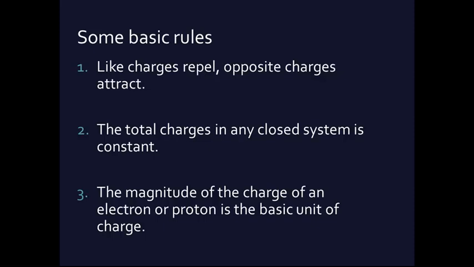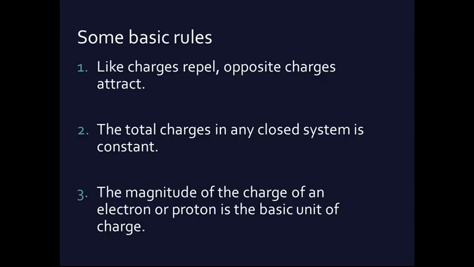Another thing that you find out in this section is that the magnitude of a charge is going to be some multiple of the basic charge of an electron or proton. That is to say that the charge of an electron or the charge of a proton seems to be the most fundamental, irreducible amount of charge that exists in nature.